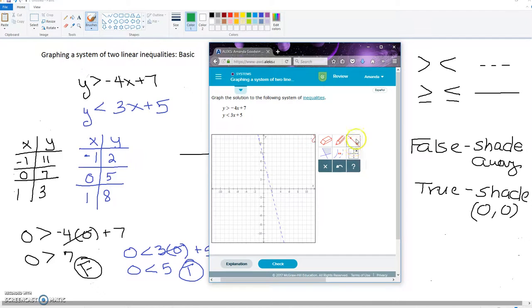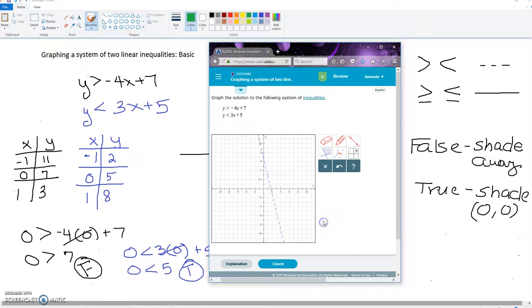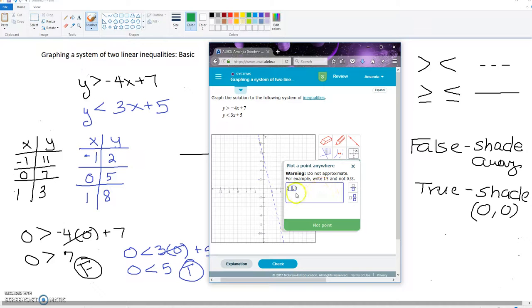So that's our first line. Now we're going to do the second line. So -1, 2, 0, 5, and 1, 8.